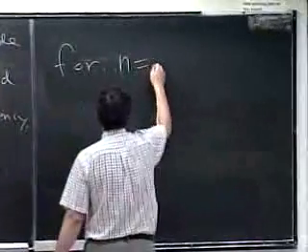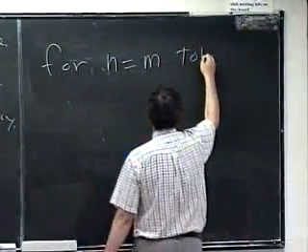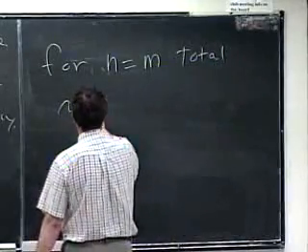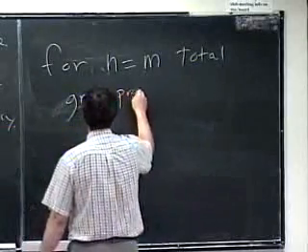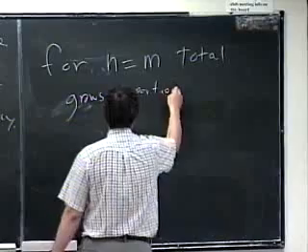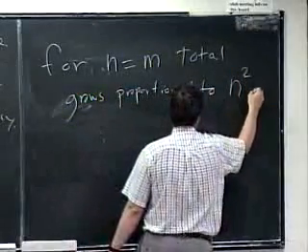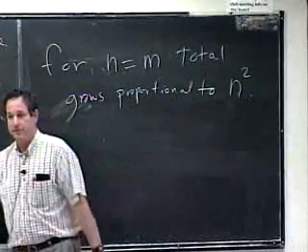So in fact, if n was equal to m, for n equal m, the total grows proportional to n squared. Okay? Just if m equals n, then this is n squared.